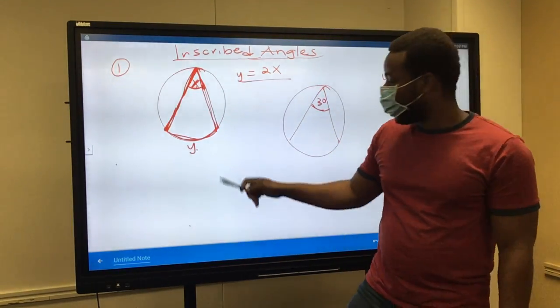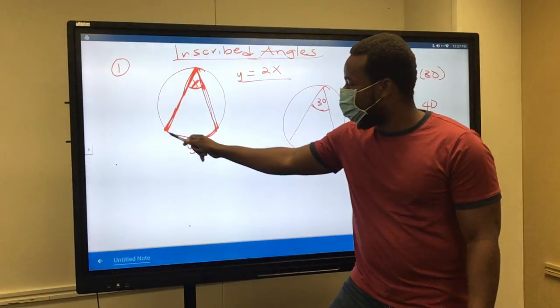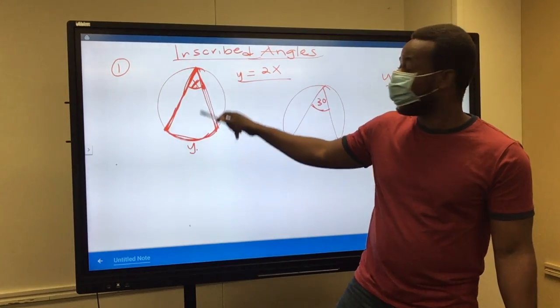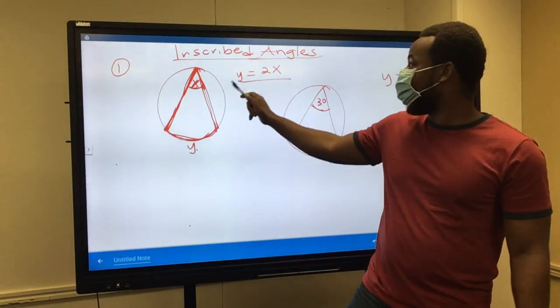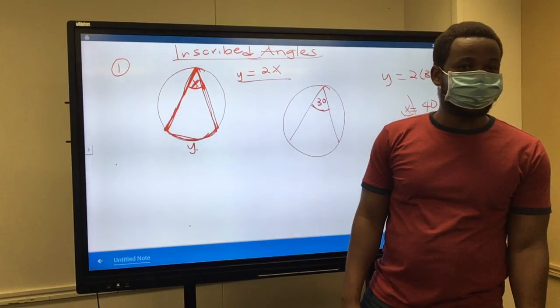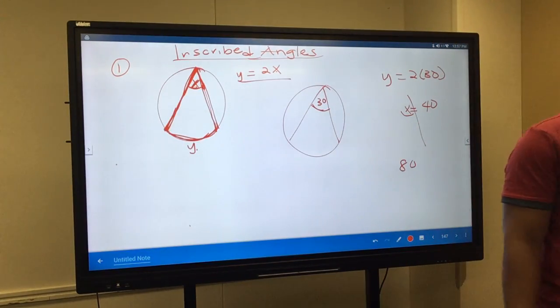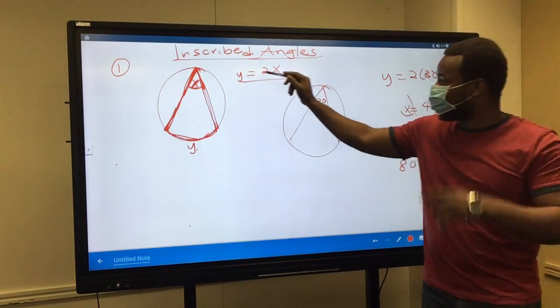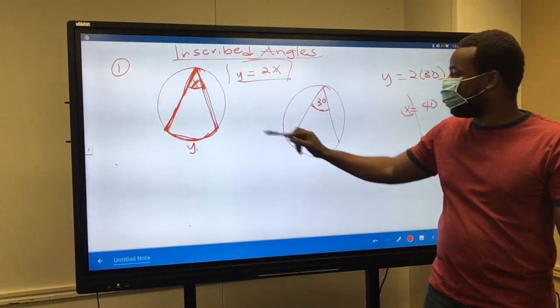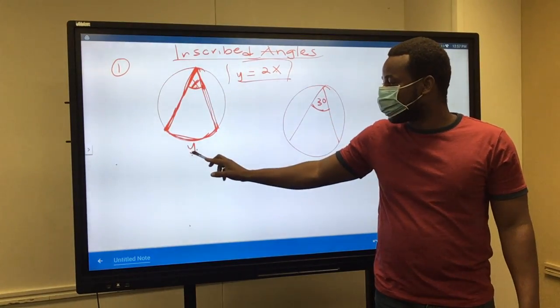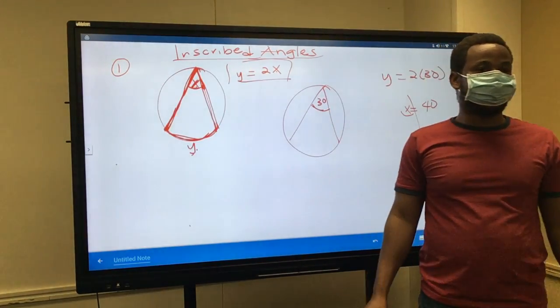Now, the relationship between the arc, y, and x is that y will always be equal to 2 times x. This is what I want you to remember. Anytime you have anything like this, the arc here will be twice the angle.